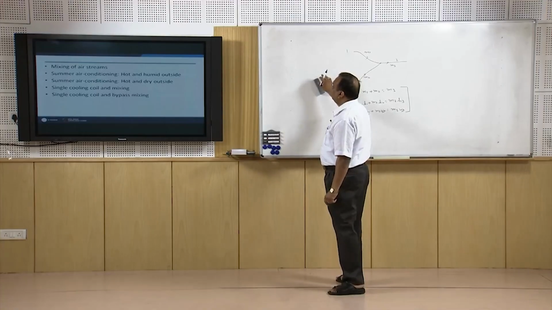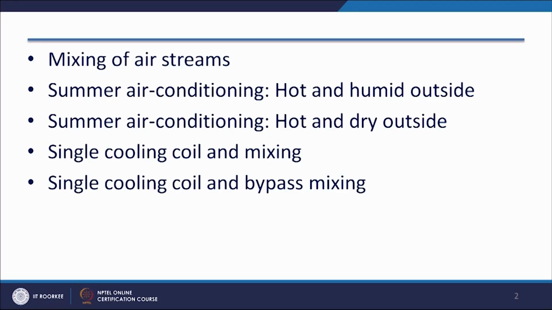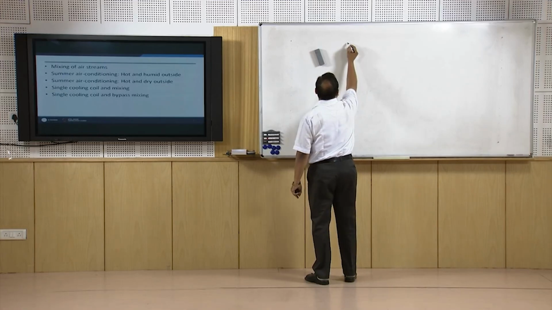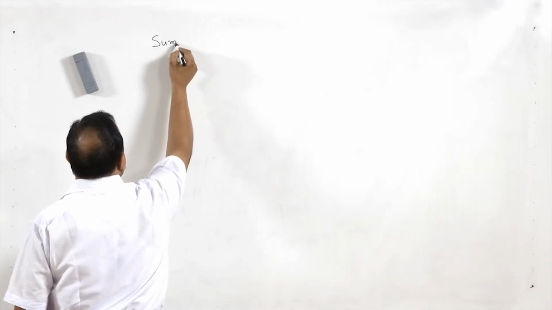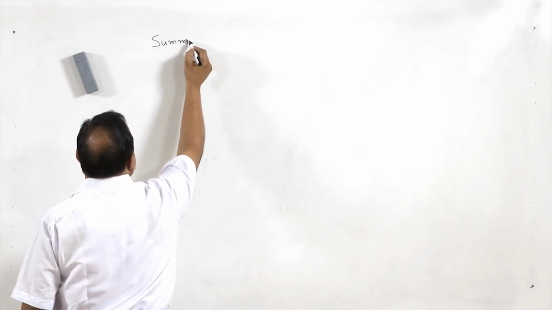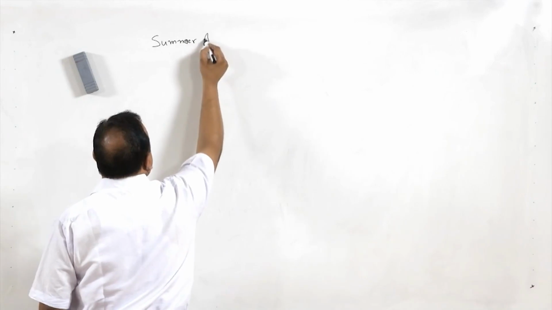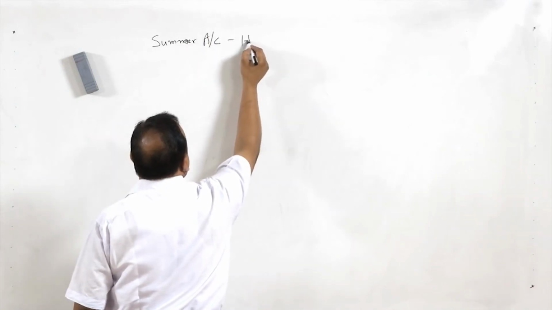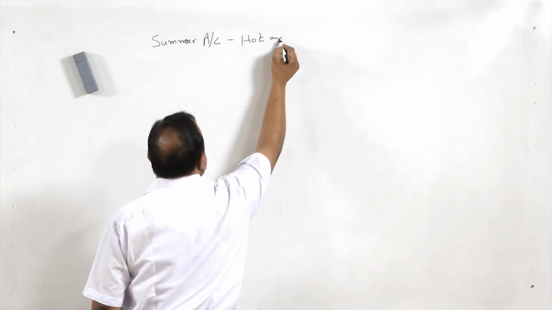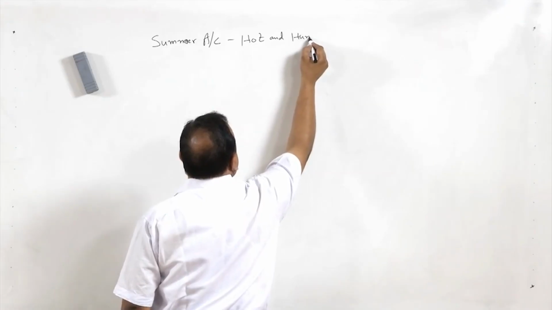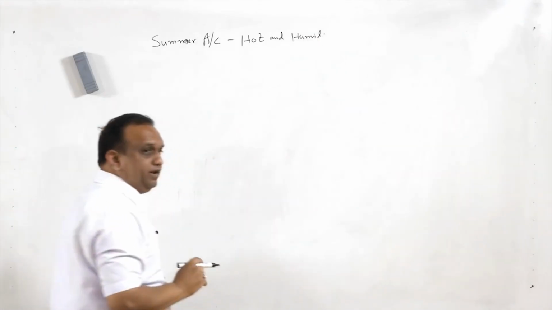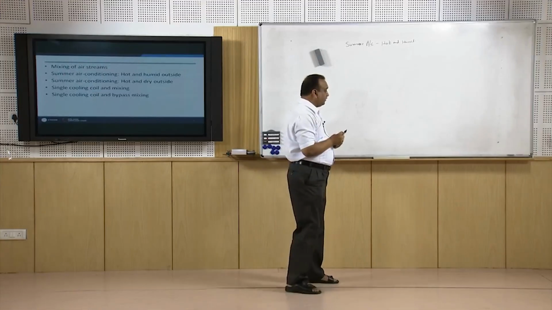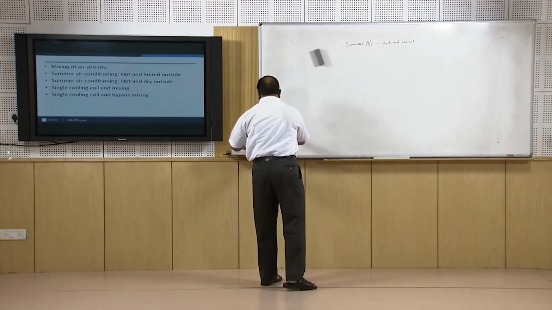Now, after mixing of a stream, we can start with summer air conditioning, hot and humid outside. Hot and humid means you can take example of any coastal climate.